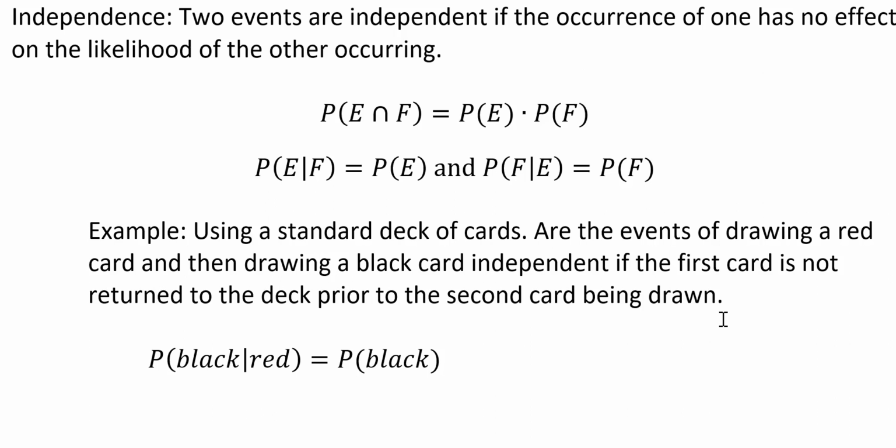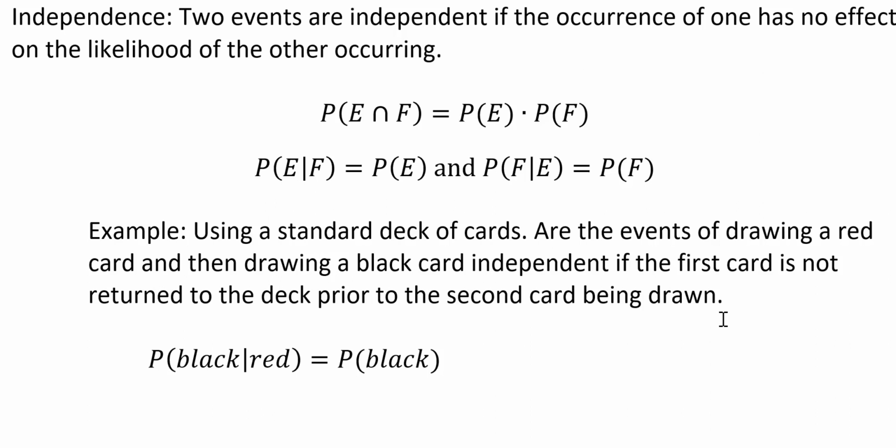Now I know that there's only 51 cards in the deck, and no longer are half of them red and half of them black, because now there are 25 red cards and there's 26 black cards. So drawing a black card on my second time has a slightly better chance because there's 26 of them in there. So these events are not independent.